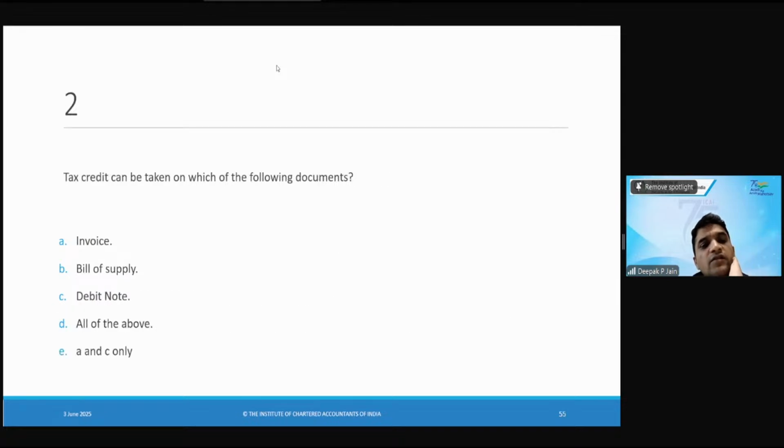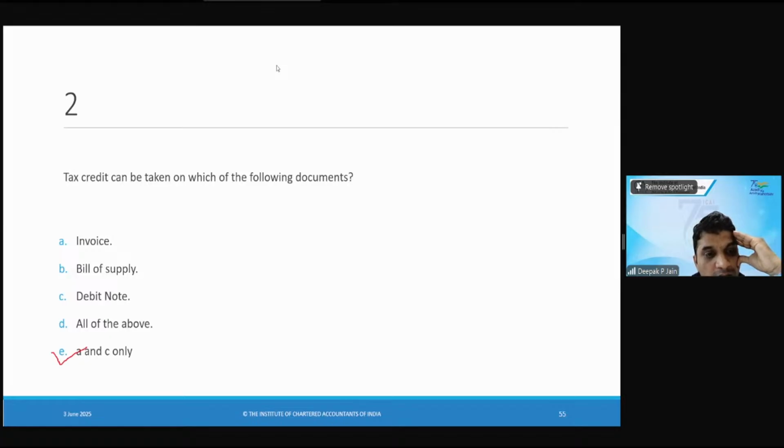Tax credit can be taken on which of the following documents? Correct.